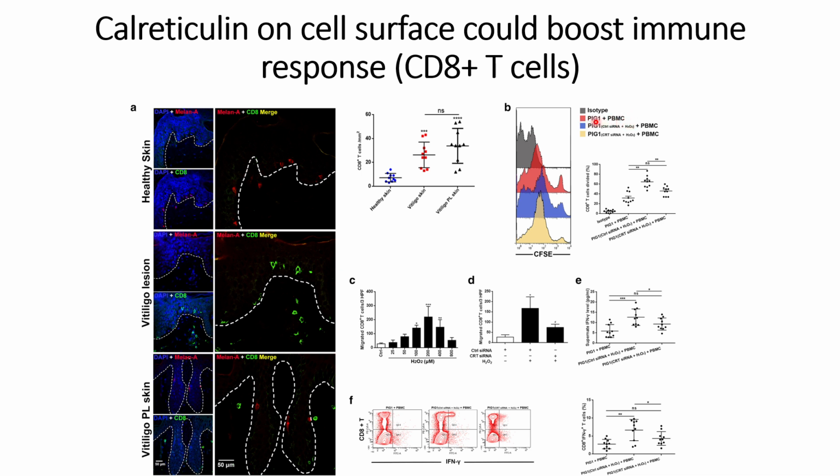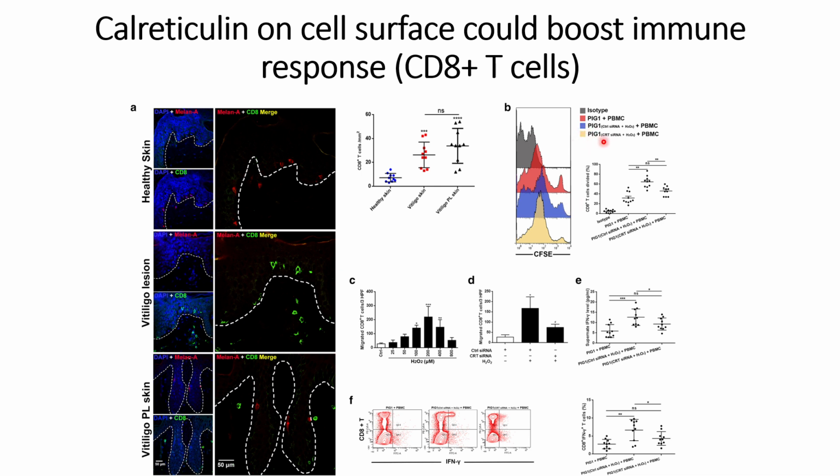So the blood cells will be converted into immune cells against these PIG1 cell lines. When they use PIG1 cells with PBMC, they can see signals for CFSE. And when they use PIG1 cell lines with oxidative stress, the control siRNA and also the PBMC, they see similar signals, which indicates that CD8+ T cells are formed in this case.